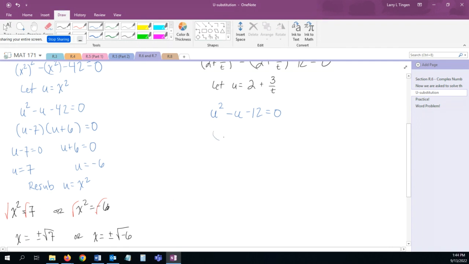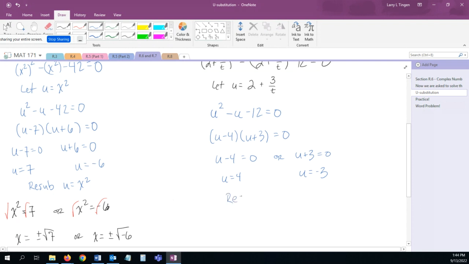Multiply to -12, add to -1, and -4 plus 3. Two things multiply to 0, by the zero product principle, one of them is 0. U is equal to 4. U is equal to -3.